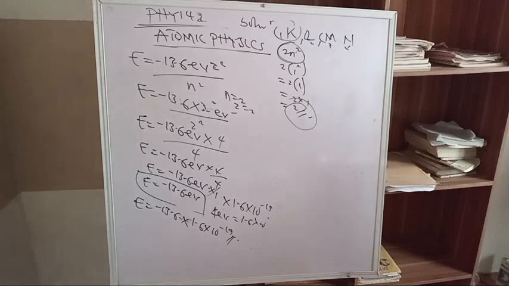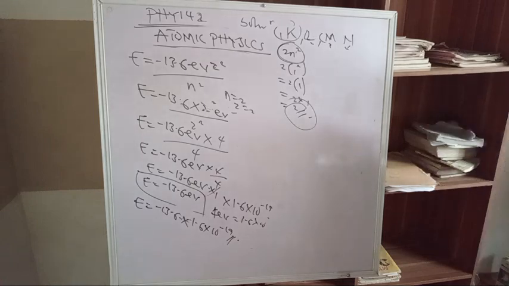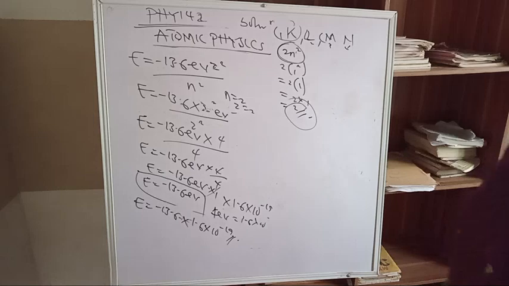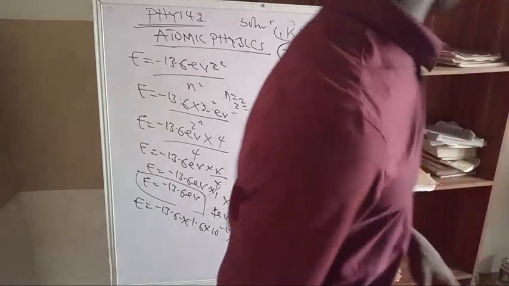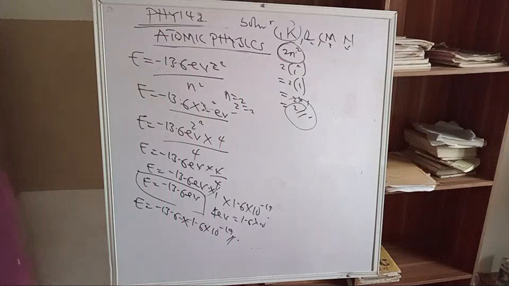So at the end we have 13.6 divided by 4. 13.6 divided by 4, that's 3.4, then multiply by 1.6. So when you find the value, whatever you have, you can write it, because the calculator I have here is not too functional. Okay, so that is how to go about your values.